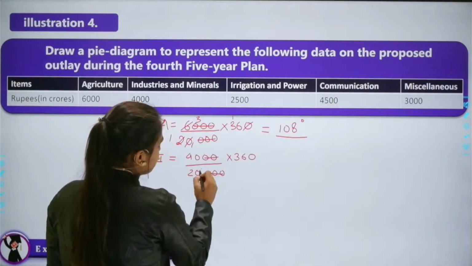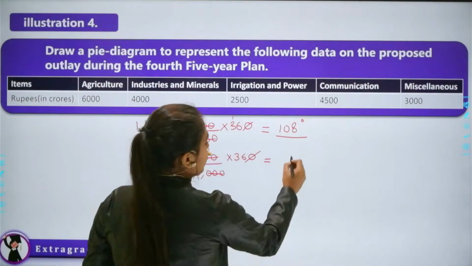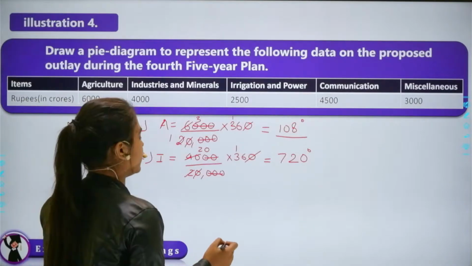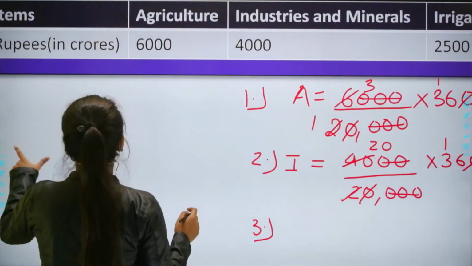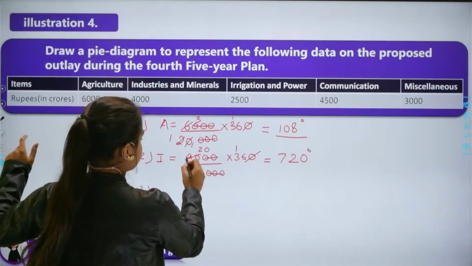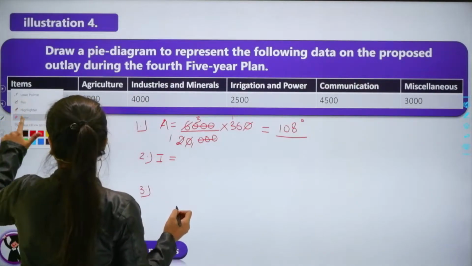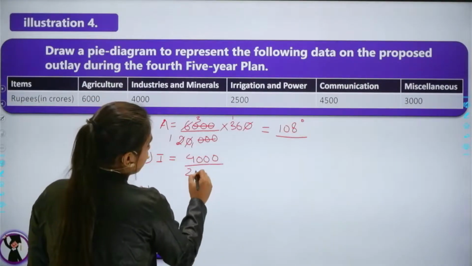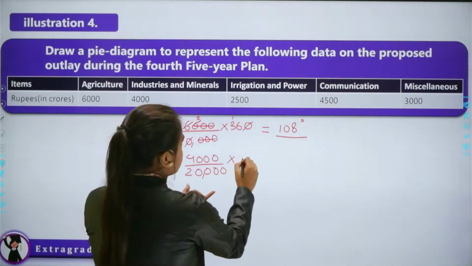Cancelling the zeros, we get 2 6s are 12, 2 3s are 6, 7, 72 degree. Let me check this once, because sometimes the calculation goes wrong, but we can check also. 4,000 upon 20,000 into 360.